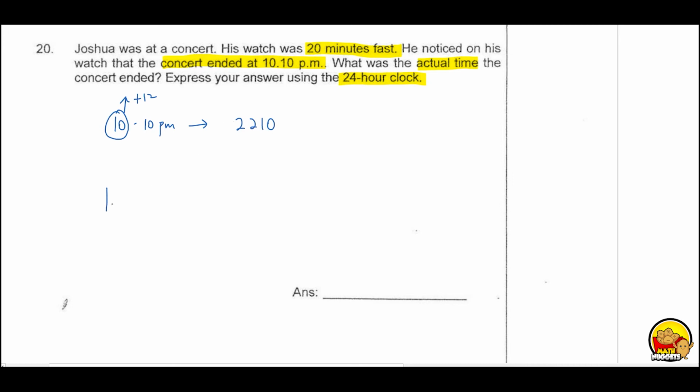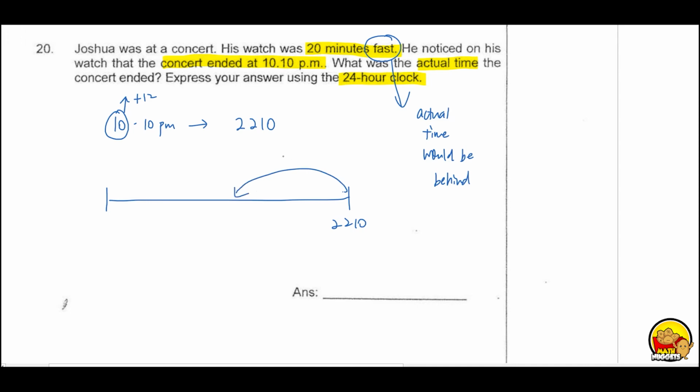Now then, if his watch was fast, means what? Actual time would be behind. Meaning it's not 10:10 yet. Okay, so if that's the case, I'm going to count backwards by 20 minutes.